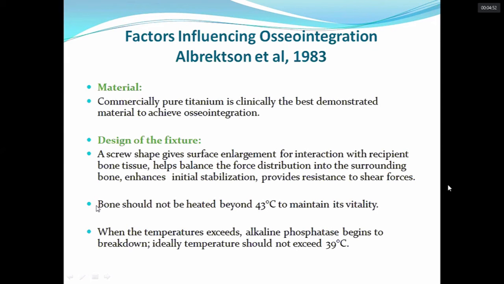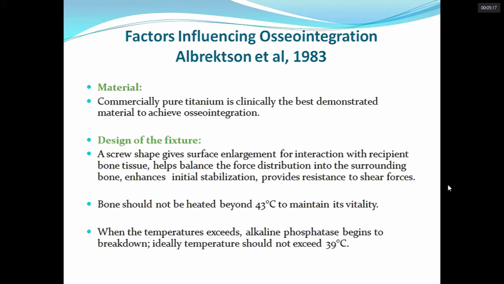Bone should not be heated beyond 43 degrees centigrade to maintain its vitality. While drilling alveolar bone, we are using drills, right? So it can produce heat while drilling the alveolar bone, and that heat should not be more than 43 degrees centigrade.